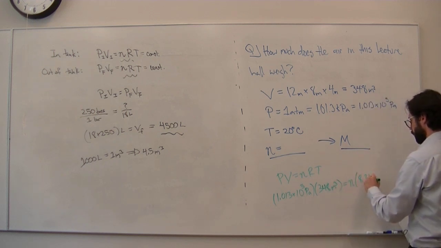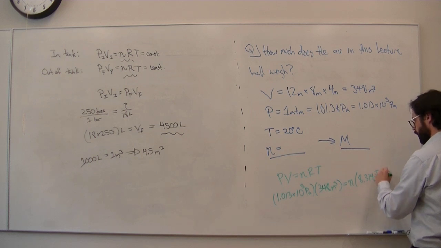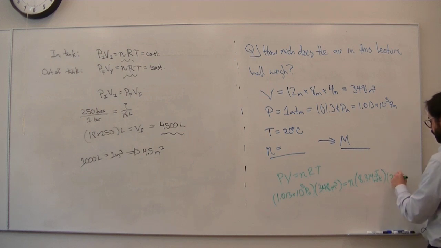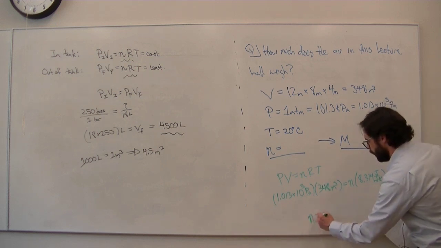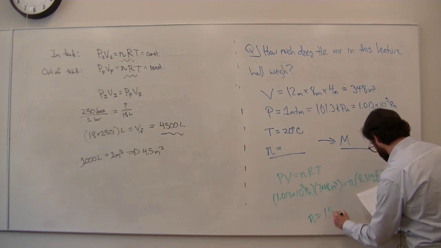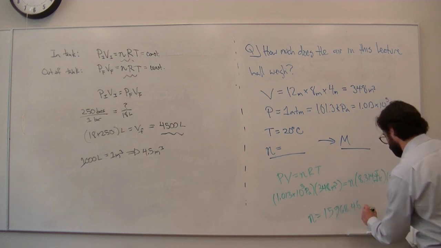R is 8.314 joules per mole Kelvin. And then temperature, 20 degrees, we have to turn that into Kelvin, so 293.15 Kelvin. And this gives me a mole number that's pretty big, 15,968.46. The 0.46 is completely gratuitous.